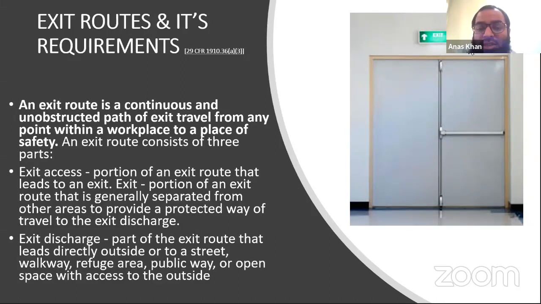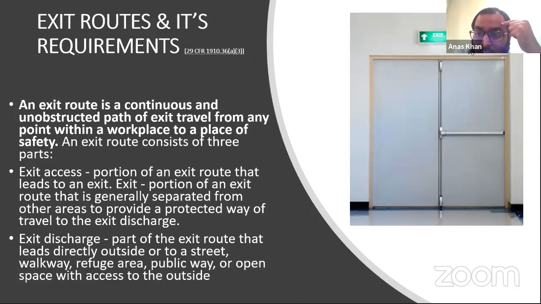Exit discharge is the part of the exit route that leads directly outside after the exit. Maybe you have experienced this, I have sometimes, when we go to a company for an audit and open the door of the emergency exit.